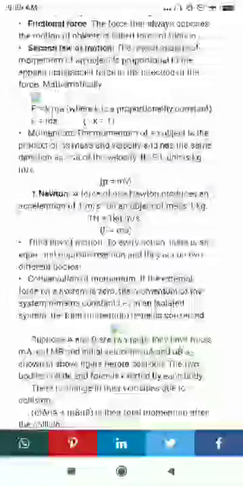My today's topic is frictional force. How will you define a frictional force? The force that always opposes the motion of an object is called force of friction. Understood?